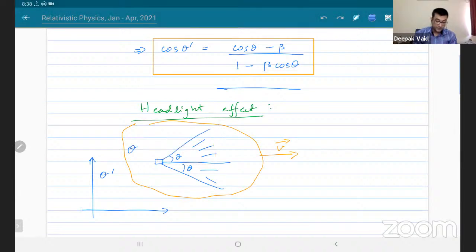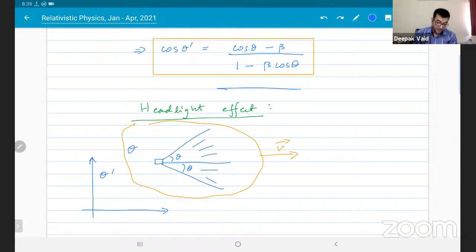And so we get, using this result, this is the result. Now, from this expression, what can we tell about the apparent angle?